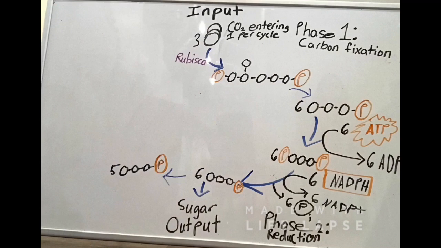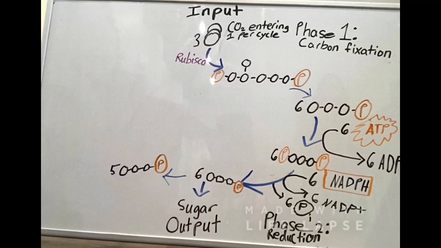For every 3 molecules of carbon dioxide that enter the cycle, there are 6 molecules of G3P formed, but only 1 molecule of this 3-carbon sugar can be counted as a net gain of carbohydrate because the rest are required to complete the cycle. The cycle began with 15 carbons worth of carbohydrate in the form of 3 molecules of the 5-carbon sugar ribulose bisphosphate.